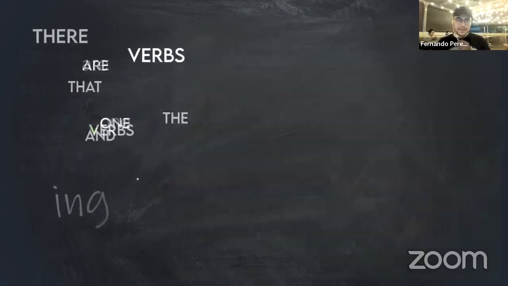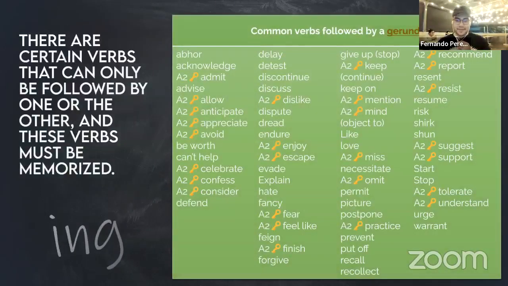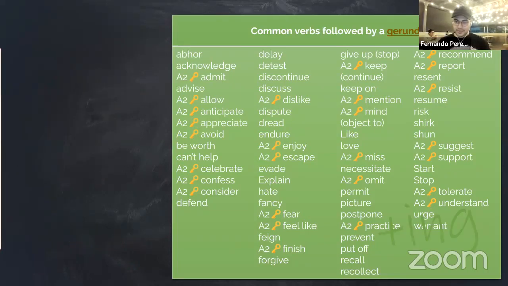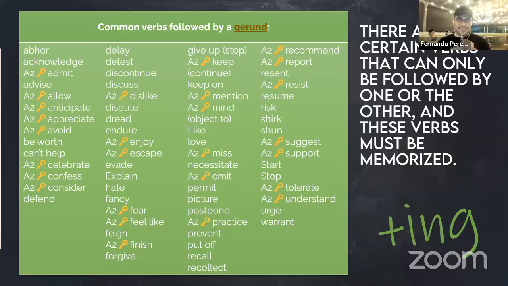The problem with this topic is that you need to memorize this chart. Here, you have a list of verbs that are exclusive for ING. So technically it's the list plus ING. This is going to go directly to your WhatsApp.